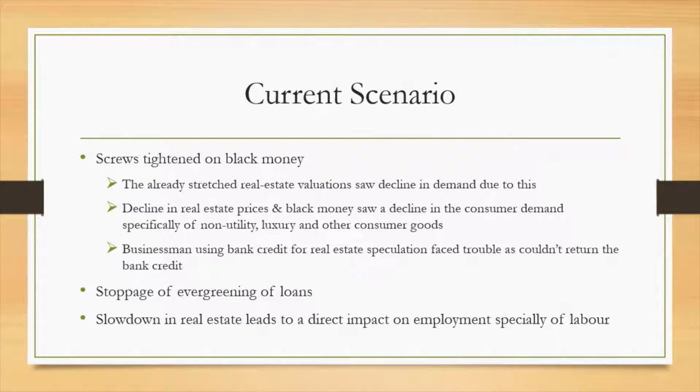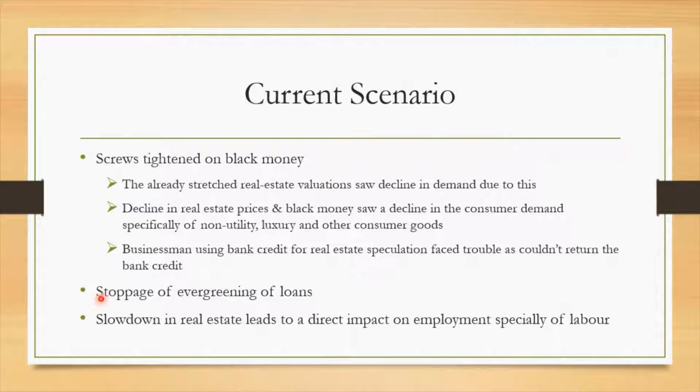And those people are now in big trouble. They didn't create anything productive. They didn't have productive assets which could produce products. But they are holding real estate whose value has declined. Against this highly leveraged real estate, they had taken further bank loans, which again are in trouble.